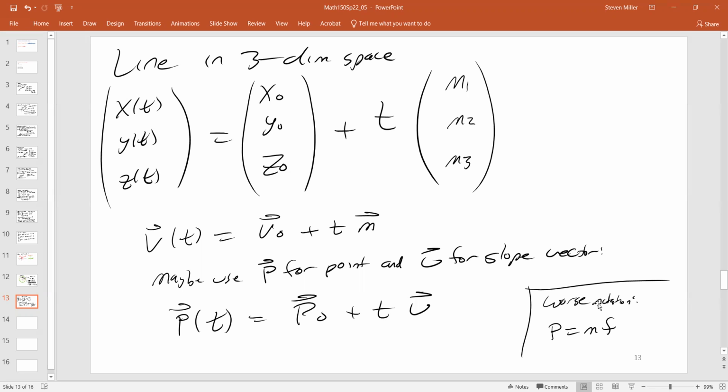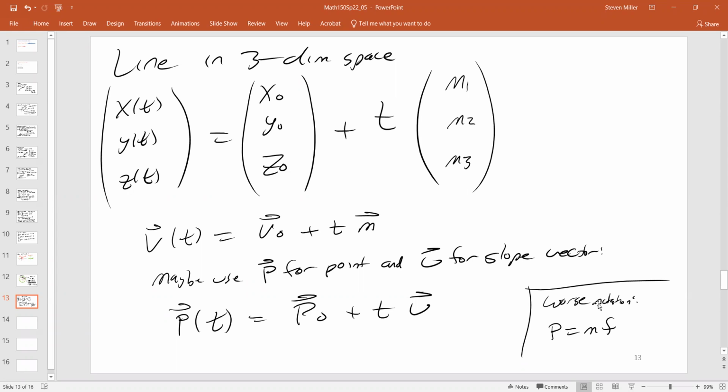These are two of the most famous equations in physics. Anybody want to guess? Big famous physics equations. So one is E equals mc squared. Well, we don't have anything squared, so it's not that, it's the other one. This is F equals ma, where P stands for force and F stands for acceleration.